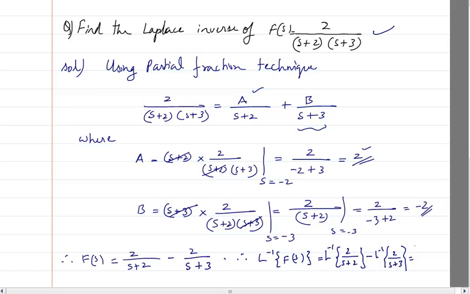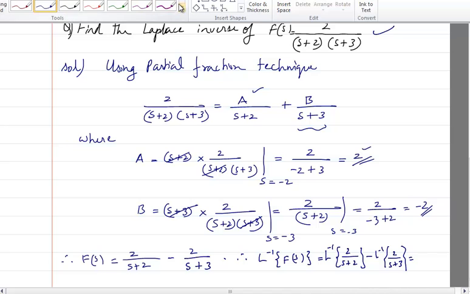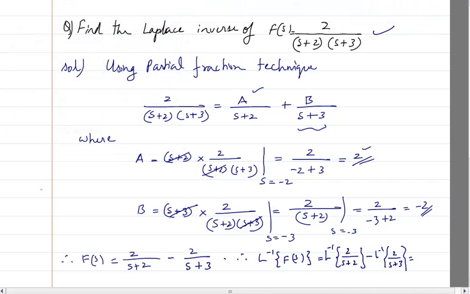What is the answer? Let me write the answer here because I don't have any space now. 2 divided by s plus 2 can be written as e raised to power minus 2t multiplied with 2, because in the numerator there is a 2.